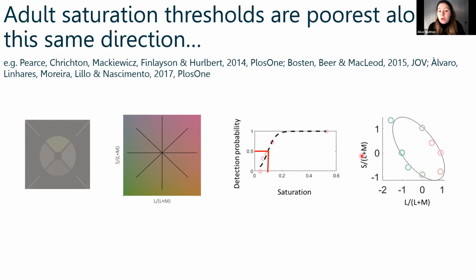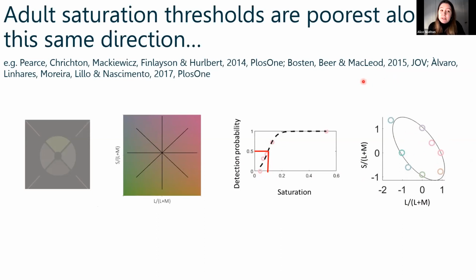And we can plot that by measuring saturation thresholds for each of these 8 axes and then putting it in a space like this one, where distance away from the centre shows you the size of the threshold. So further away means that that hue needs to be more saturated for your participant to reliably detect it.